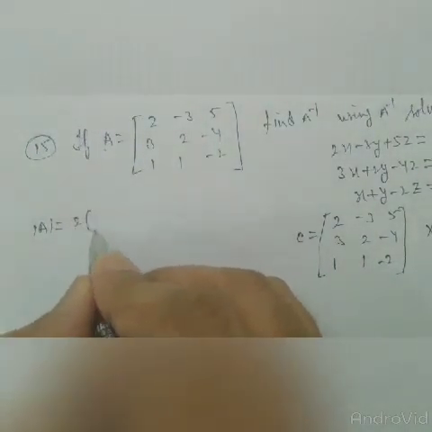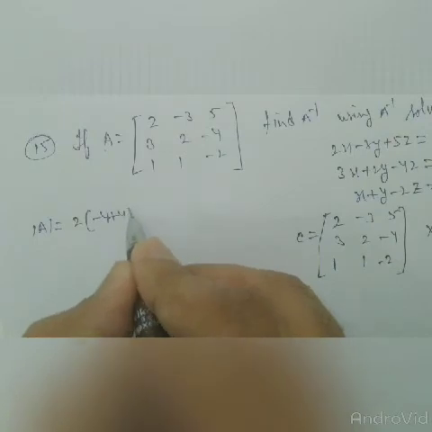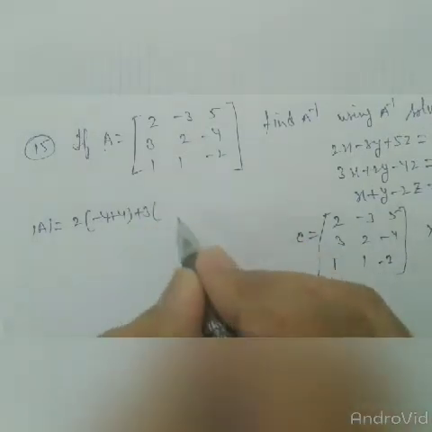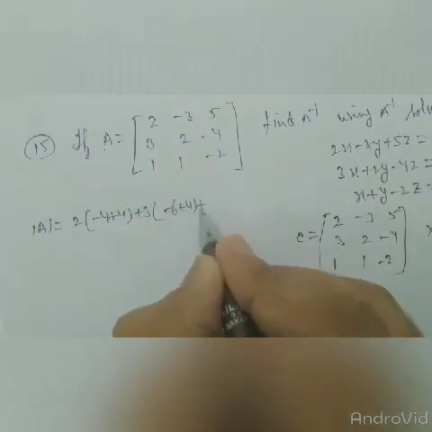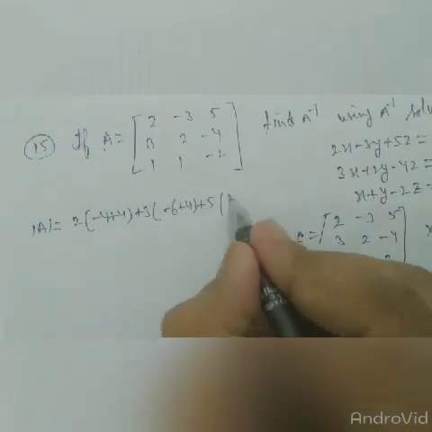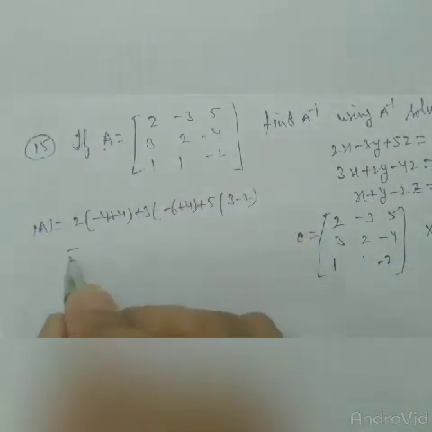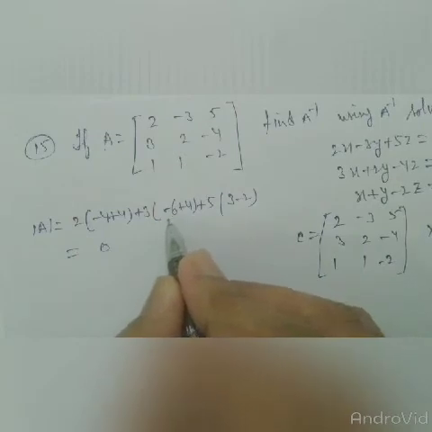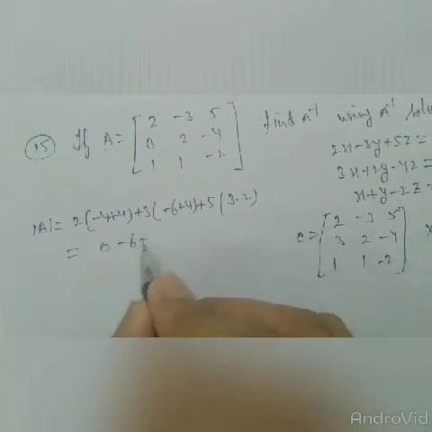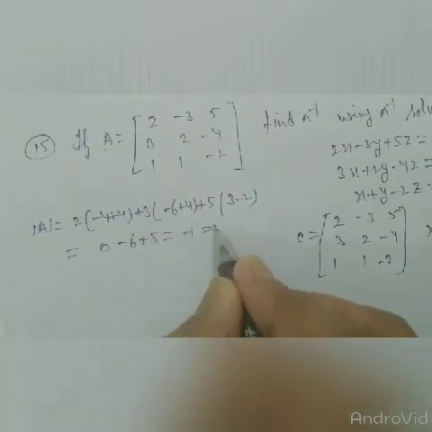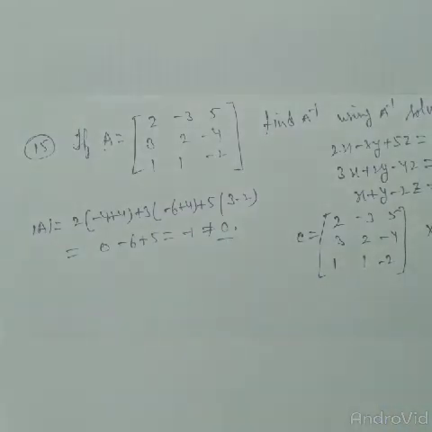Determinant of A is 2 into minus 4 plus 3 into minus 6 plus 4 plus 5 into 3 minus 2. The result will be 0 minus 6 plus 5, which is minus 1, not equal to 0. So its inverse exists.